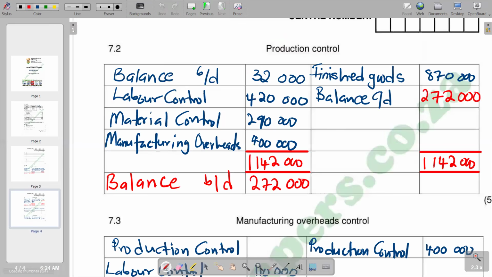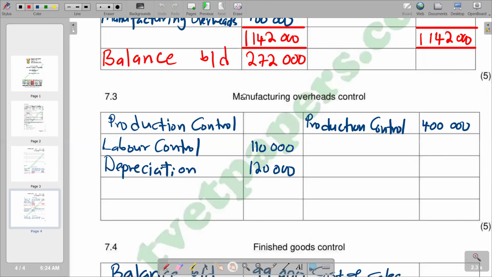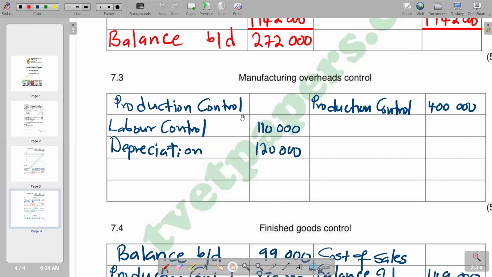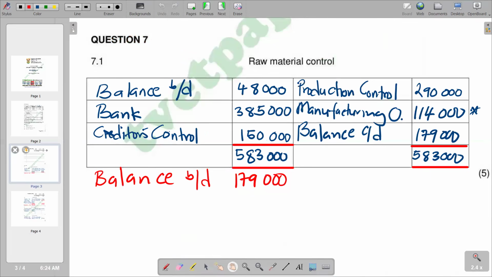We move on to the manufacturing overheads. On manufacturing overheads, we first of all have to check the figure. You have to enter the figure for production control. Remember, there's a figure that was supposed to be debited to production control, and then we credit material control.